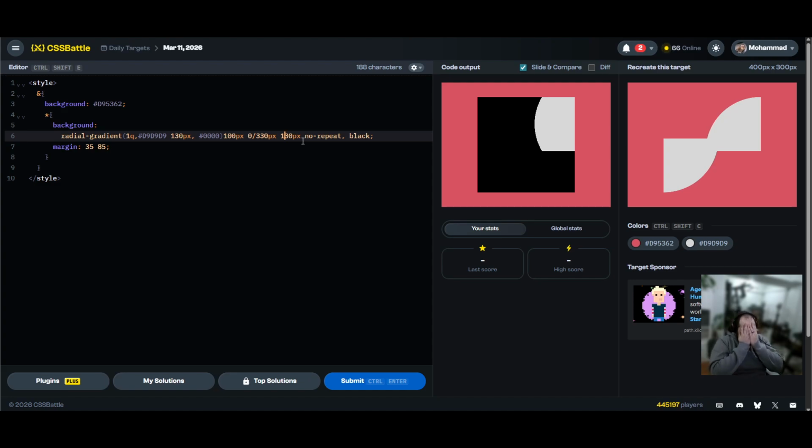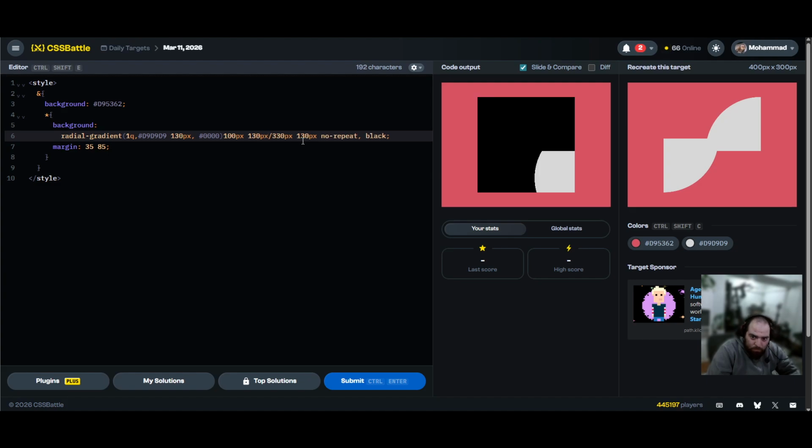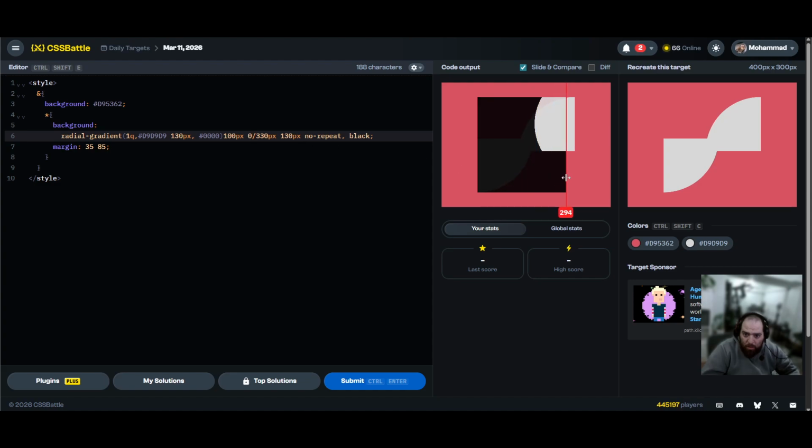Okay. I'm just writing numbers, so I'm not really thinking about this. Let me just sit down for a sec and think about it. So 130 is, I have it 130 high, and I need to push it down 130 pixels, right? No, I don't. I need to push this down 330, 130, 230, 240, and then here 300.